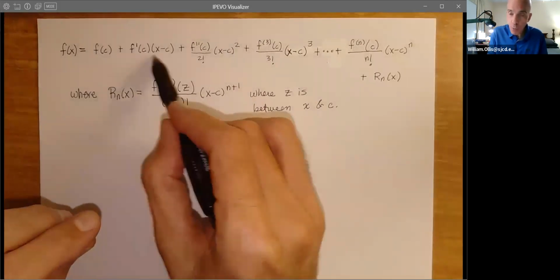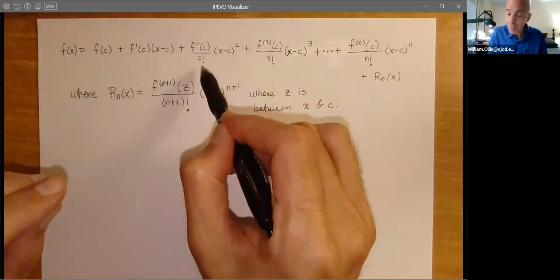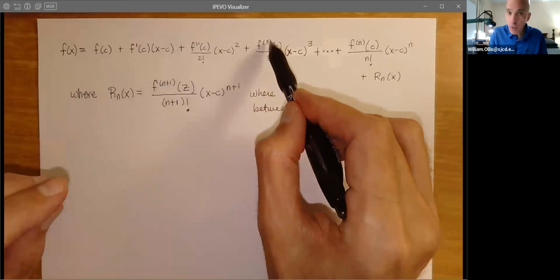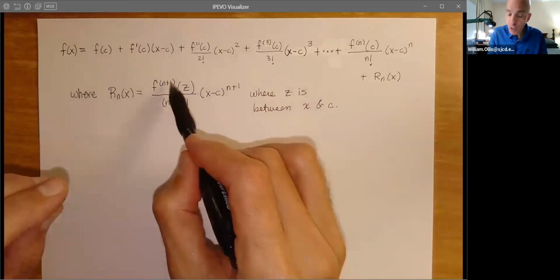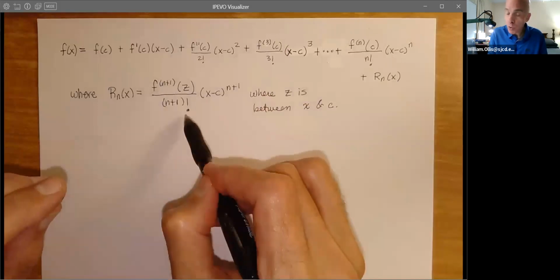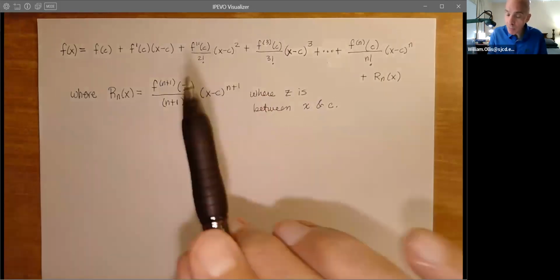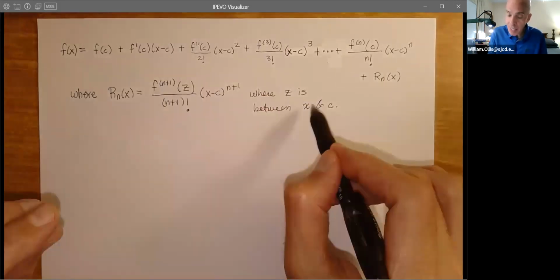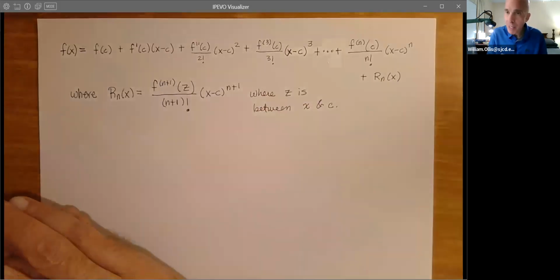So first derivative, 1 factorial, we don't write it. Second derivative, 2 factorial. Third derivative, 3 factorial. Nth derivative, n factorial. N plus first derivative, n plus 1 factorial. And remember, this is where that interesting z number that falls between x and c enters into the formula in the remainder term.